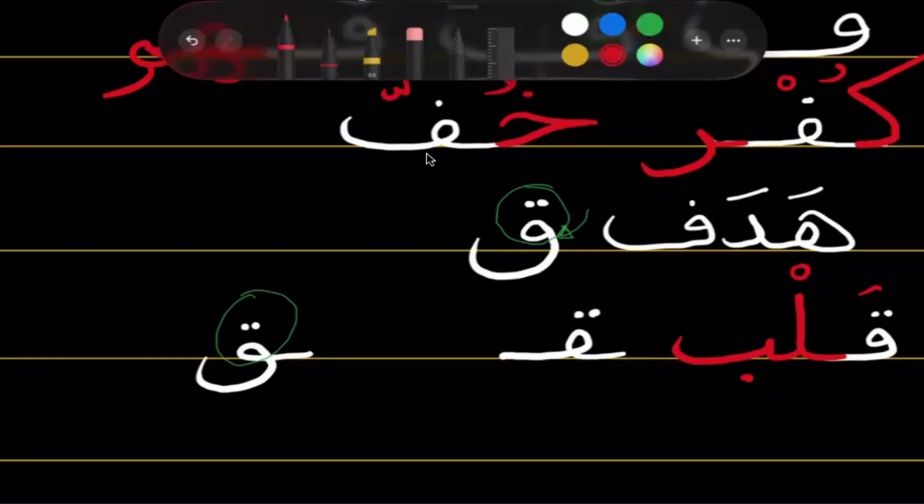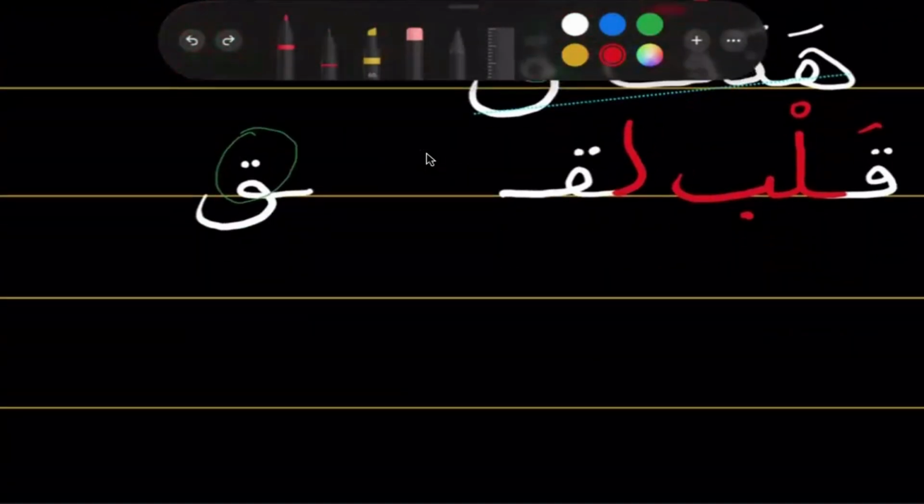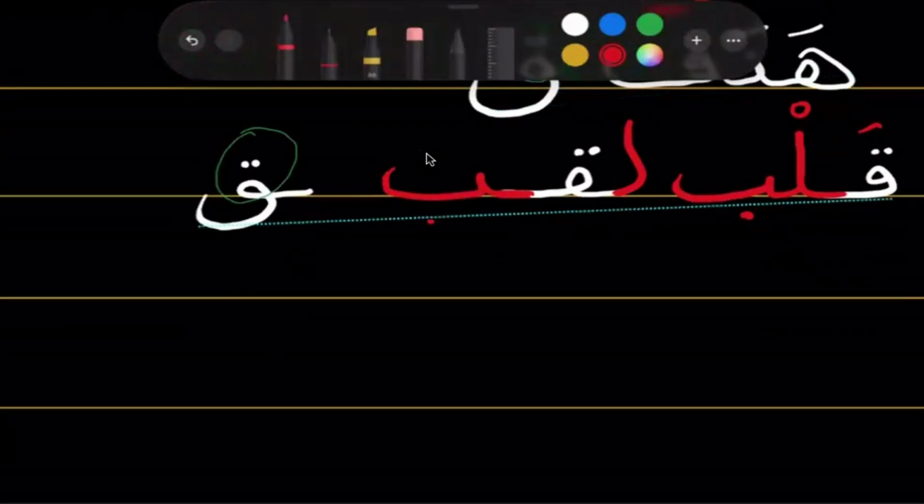What about in the middle? Is there a nice word with a qaf in the middle? Here's a word for you: laqab.